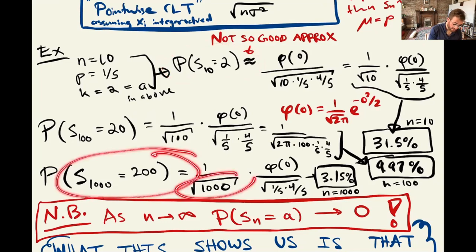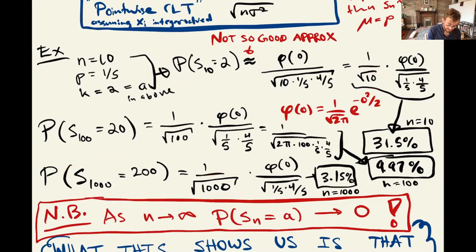It ends up becoming something like the square root of 1,000 divided by the square root of 10. And so that ratio ends up being closer to about 100, which actually makes perfect sense, because when I take 31.5 and move this over 1 decimal place, I end up getting my 3.15%.